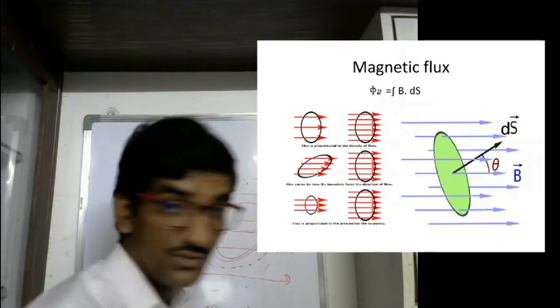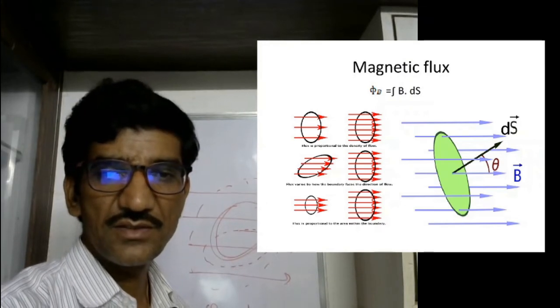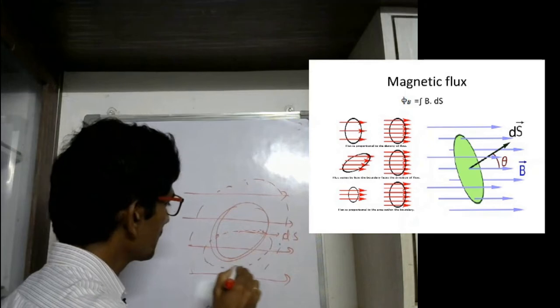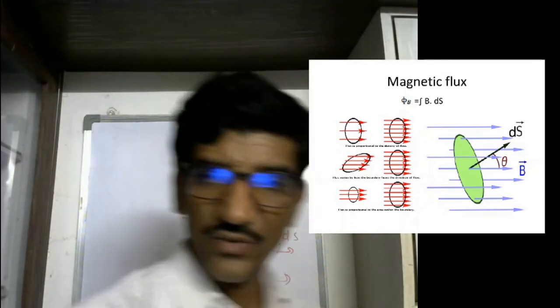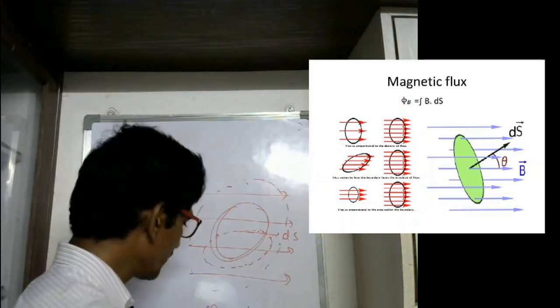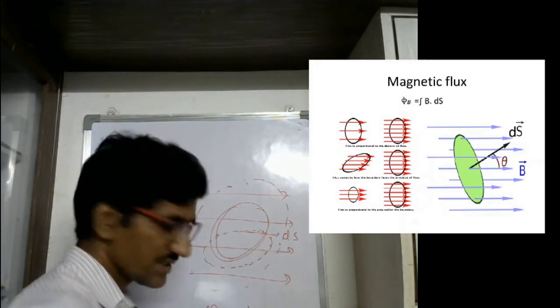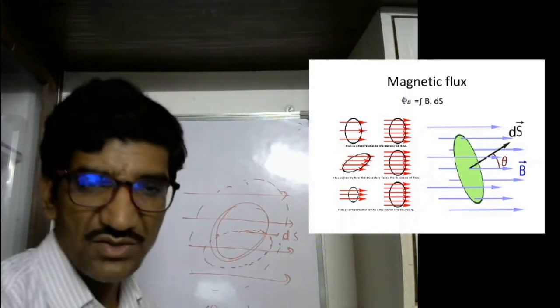Instead of two lines, only one line will pass through this. So this orientation is also important. So phi depends on this theta, or cos theta.